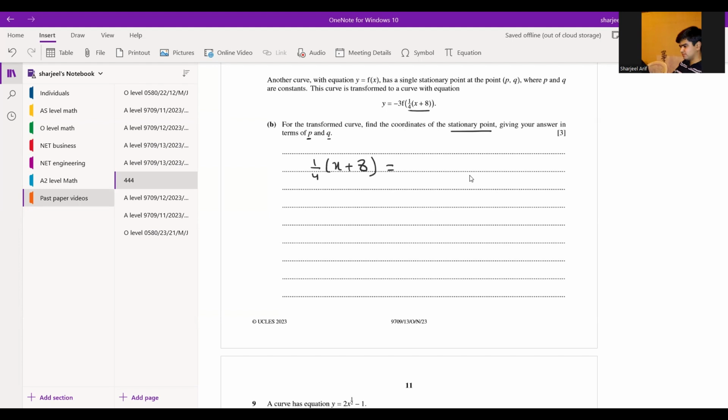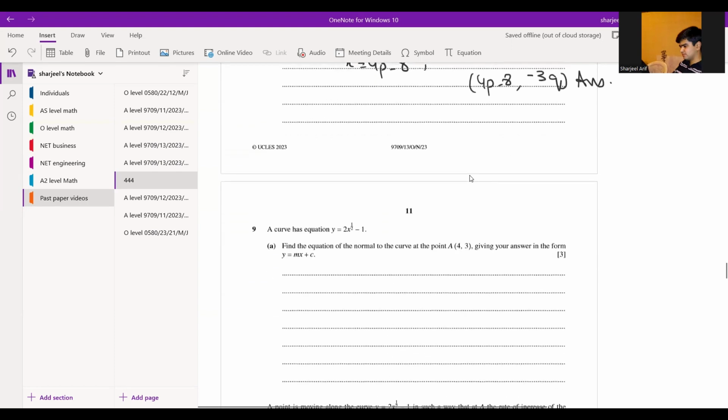We will write it equal to p, and the y coordinate will be equal to minus 3q, because we have a stretch factor of minus 3 at the beginning. So y will be minus 3q, and x will be 4p minus 8. So these will be the two coordinates of the stationary point of the transformed curve.